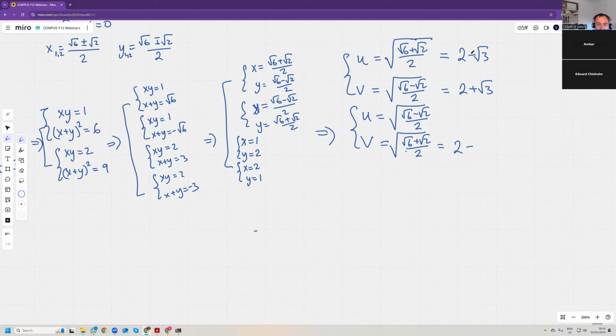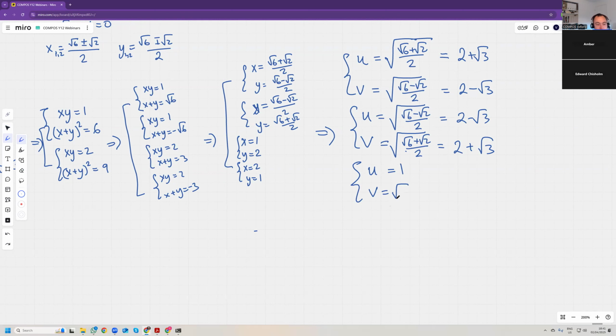No, that's not possible. So that's plus. That's silly. This is obviously larger, so that's plus, and that is 2 minus root 3, and this is plus 2 root 3.